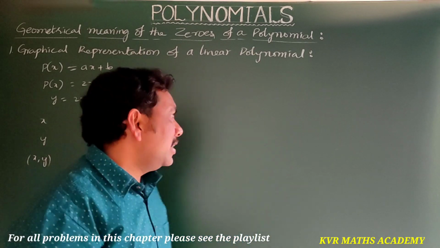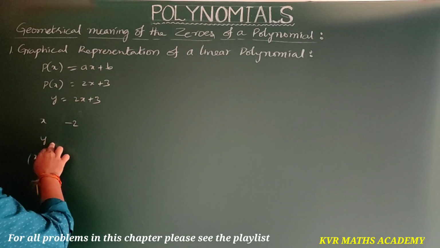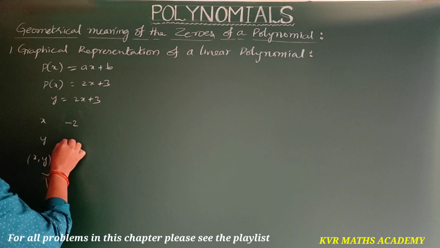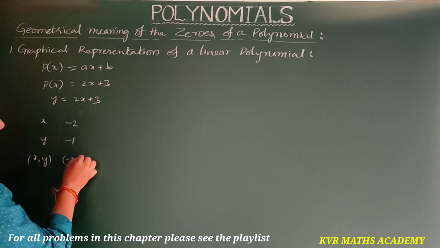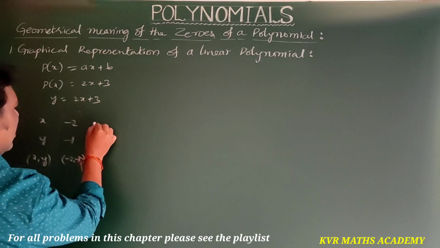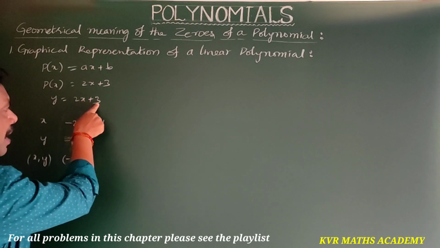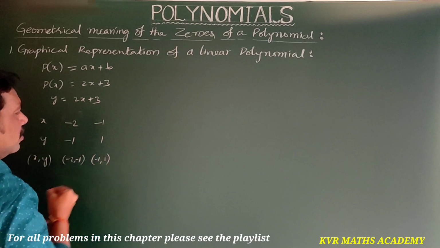Take x is equal to -2. Then y is equal to 2 into -2 is -4, -4 plus 3, that is -1. So the ordered pair is -2 comma -1. Next, -1: -1 into 2 is -2, -2 plus 3 is 1. So this ordered pair is -1 comma 1.